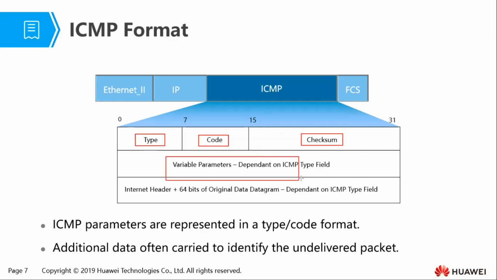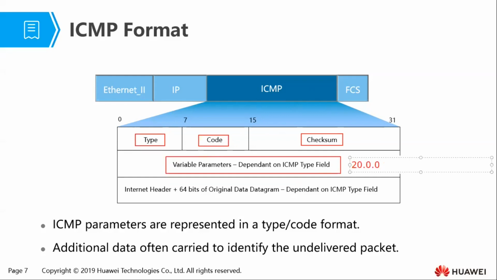Then we have variable parameters. Most of the time they are set to 0, but for example, in the ICMP redirect, the gateway will communicate the IP address of the other gateway.